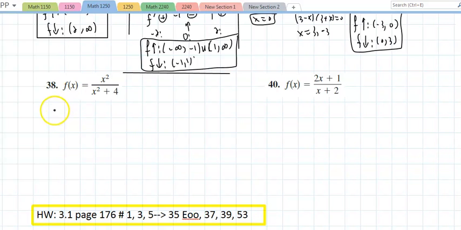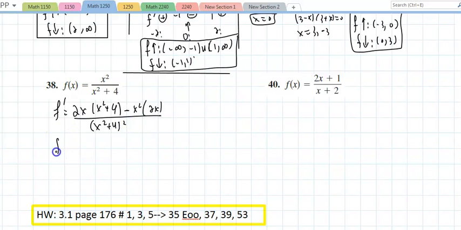So if I take a derivative of this, derivative of the top times the bottom, minus the top times derivative of the bottom, all over the bottom squared. And I need to clean this up because I need to know where this equals 0, where it is undefined. It would be best to factor a 2x out of that.